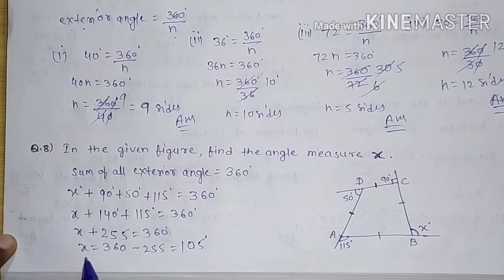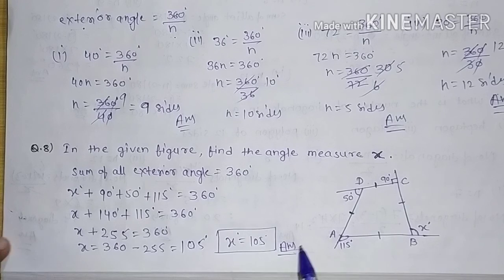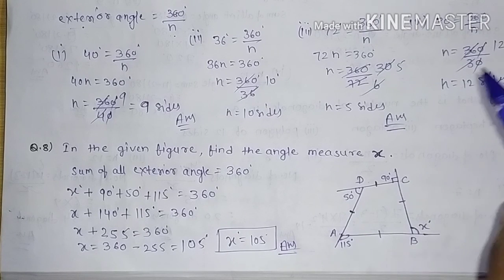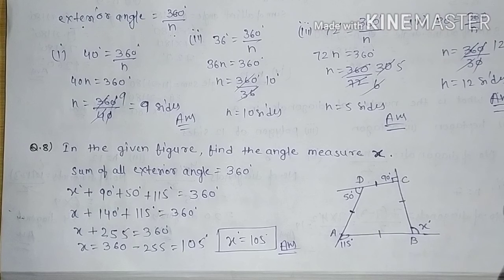Now x equals 105 degrees. So x degrees equals 105 degrees. This is the answer. It's very simple. This is the explanation of all the questions of this exercise.